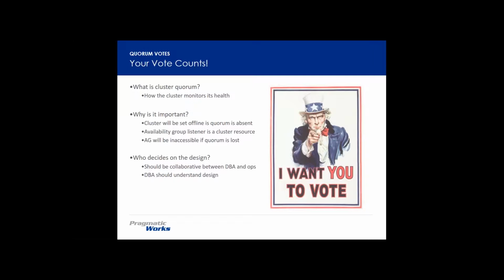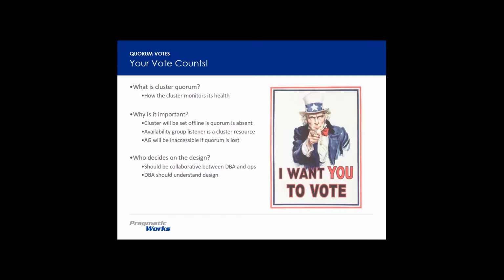If you go into the logs, you'll see these weird looking AlwaysOn messages, but any of your database performance and uptime tools that aren't AlwaysOn aware are not going to know that anything happened. And so like the third sub-bullet says, the AG will be inaccessible if quorum is lost. And that will definitely cause your phone to ring.